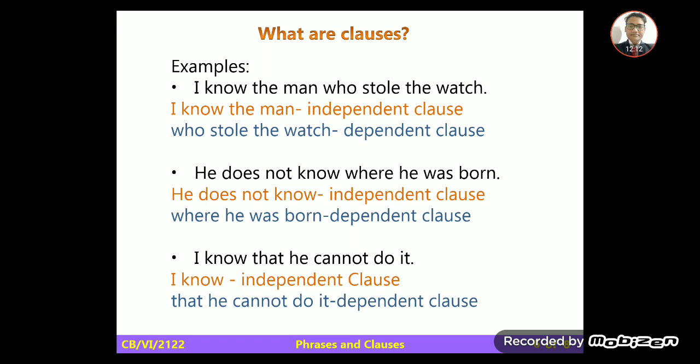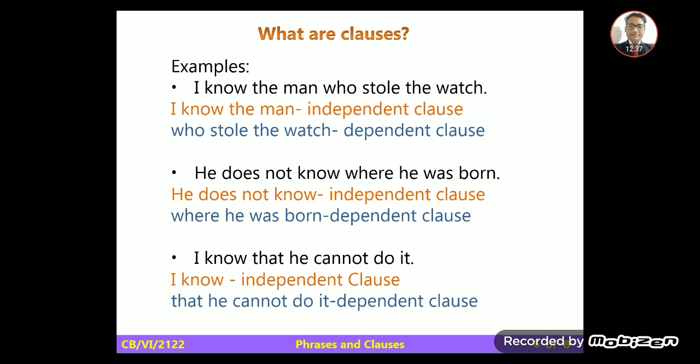Let's look at these examples. I know the man who stole the watch. I know the man, that is an independent clause because it does not depend on another sentence, so it can make sense by itself. Who stole the watch?